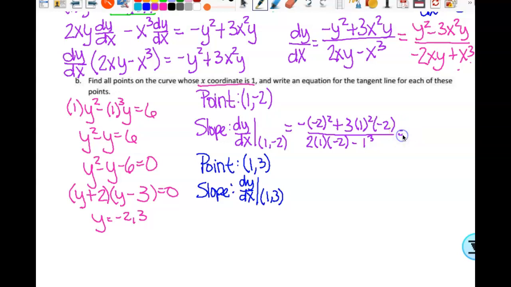So let's clean that up. We don't want to make mistakes here, even though I might. Negative 2 squared is 4, but then I have to make it negative, so I actually have negative 4, and then 1 squared is just 1, and then that's going to be a minus 6, right? 2 times a negative 2 is a negative 4 minus 1, so I get negative 10 over negative 5. You agree with that?